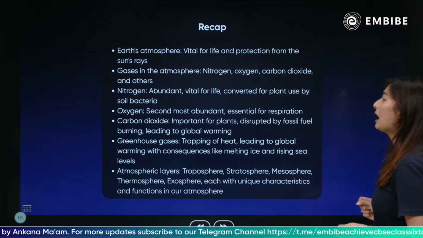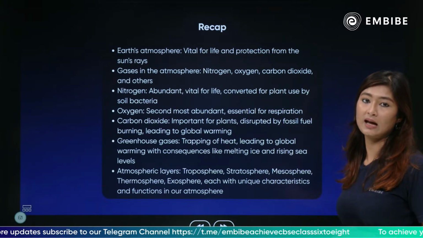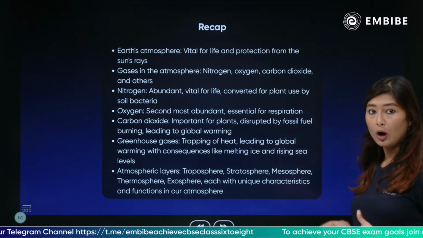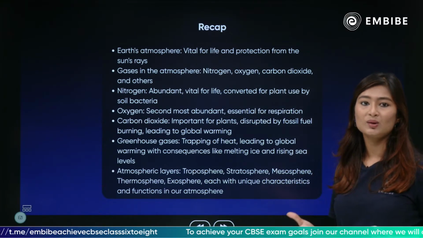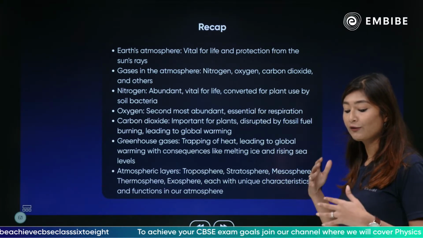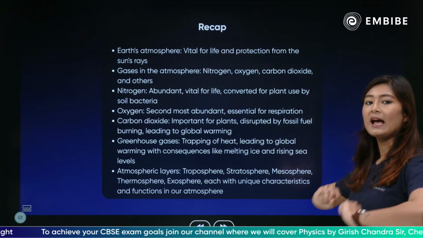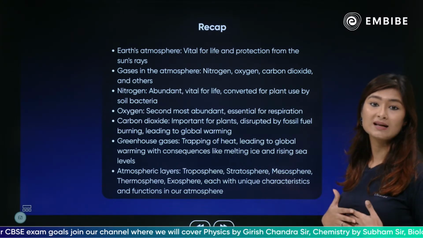Then we discussed carbon dioxide, which at present is in a very small amount in the air, but if it starts increasing it will pollute the air and will be problematic for us. It is important for plants because it is utilized by them to finish the process of photosynthesis. They take carbon dioxide and give out oxygen, which is very important for us, right?